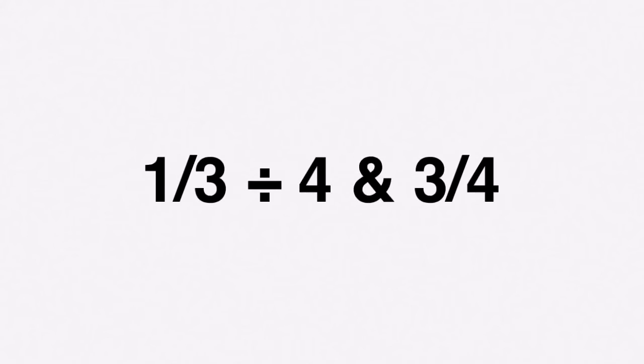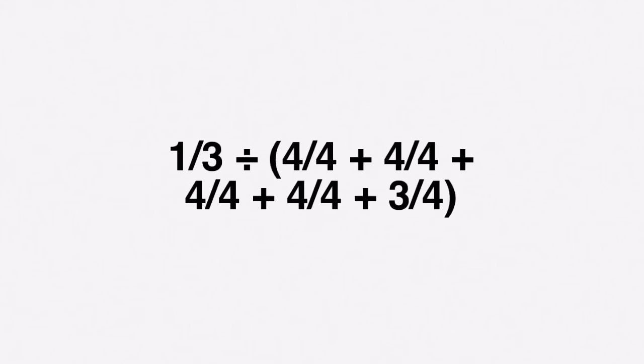Here's another. 1/3 divided by 4 3/4. As we've been learning, we need to change this 4 3/4 into an improper fraction. So, how many fourths are in 4? 1 whole would be 4/4, 2 whole would be another 4/4, 3 whole another 4/4, and 4 whole would be another 4/4, plus the 3/4.